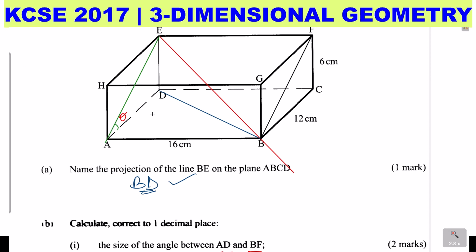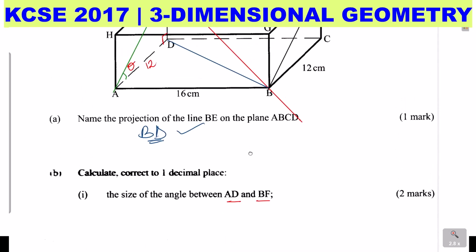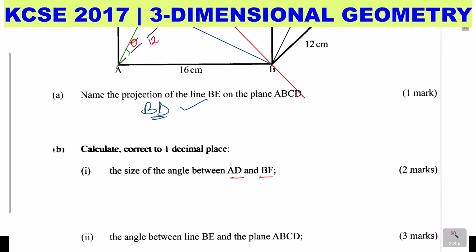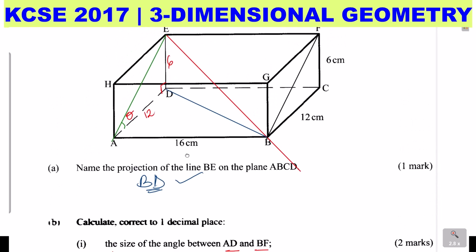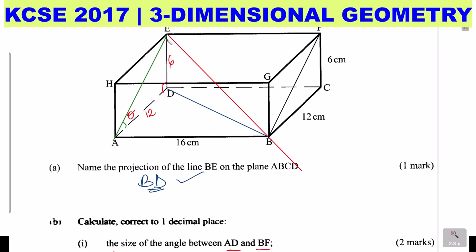Extract this triangle. So you have this measurement as 12, and this one is 6. And this angle here is 90. So just use trigonometric ratios. Which one do you use to get angle theta? Tangent would work. So tangent of angle theta is equal to the opposite side, which is 6, divided by the adjacent, which is here.